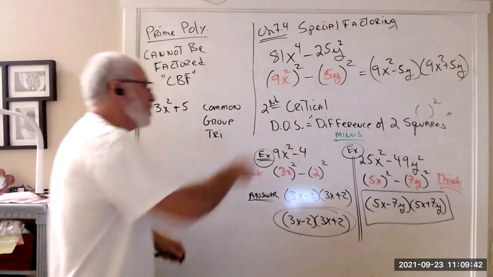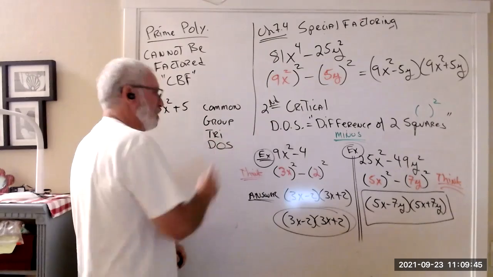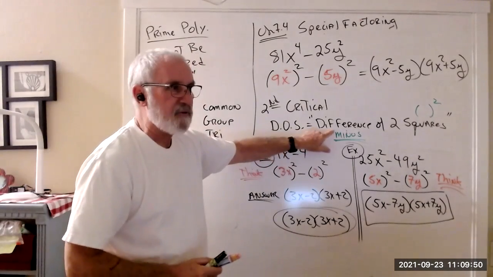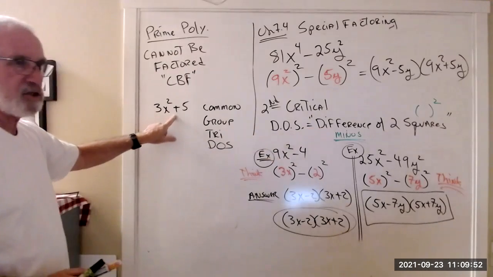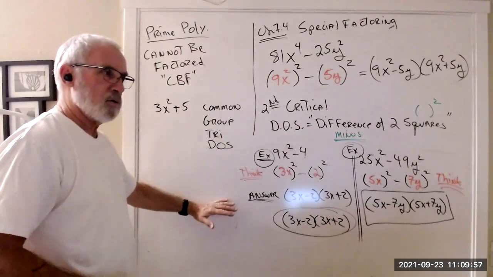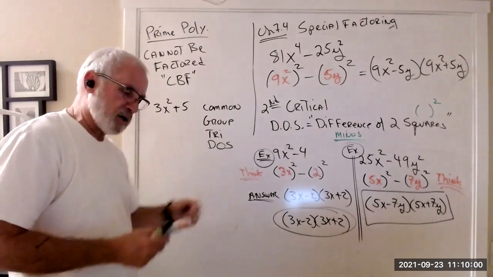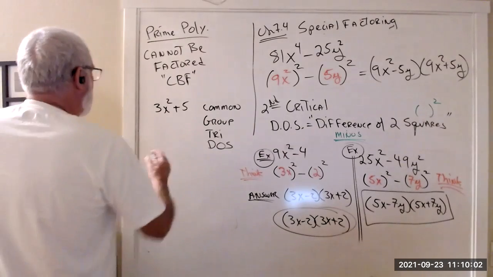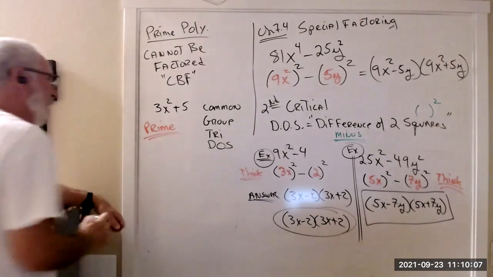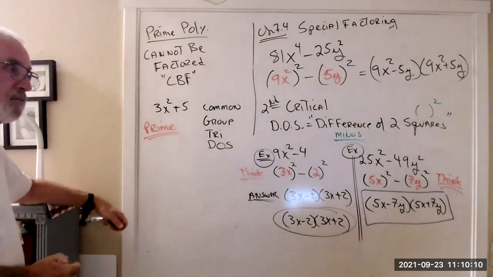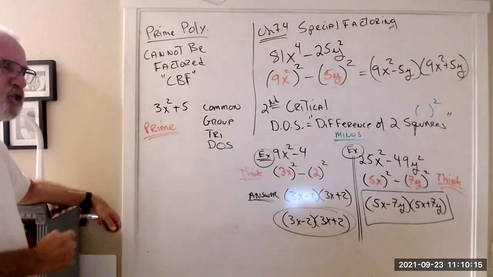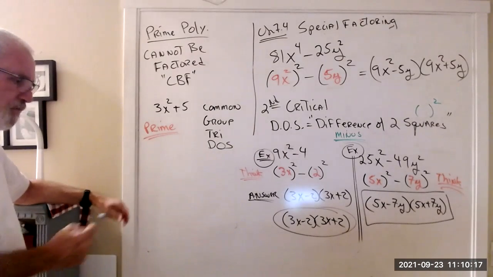Oh, well, maybe it's this DOTS. Well, for a couple reasons, no, because it's not a difference. That's a plus. Difference means a minus. So these are all no. So you run through this checklist in your head. And because of that, the correct answer is prime. You can't factor it at all. You just quit. Say, I can't do it. Prime, I'm done. You can't even get started factoring.